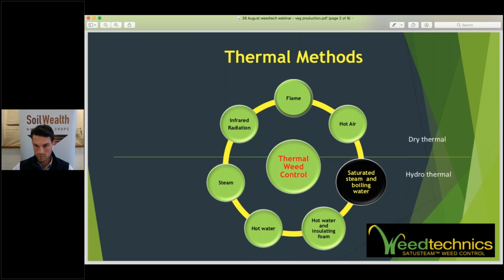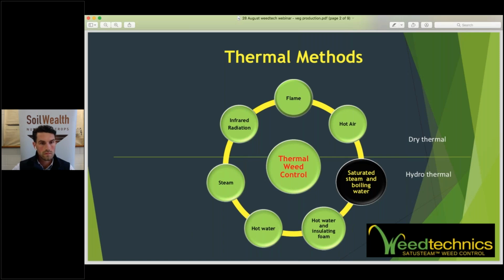And so that was never going to fly, although we did win a contract with it and had to resort to really mechanical weed removal rather than using the steamer. But I knew that somewhere in between the hot water and the steam idea was a solution.